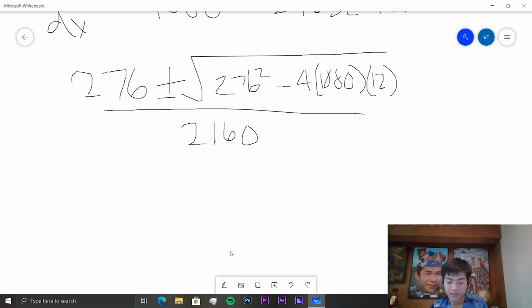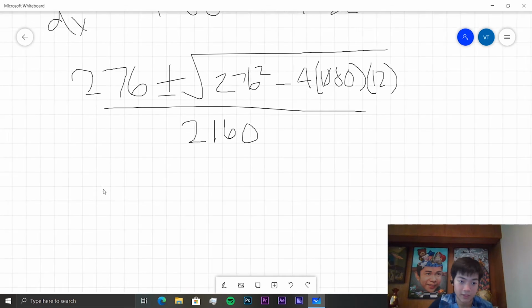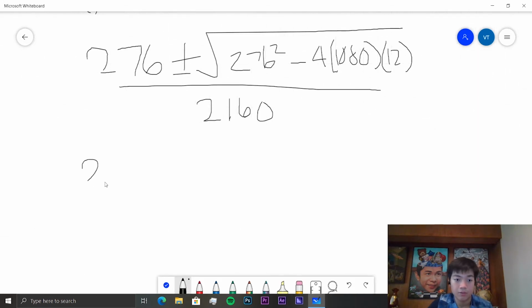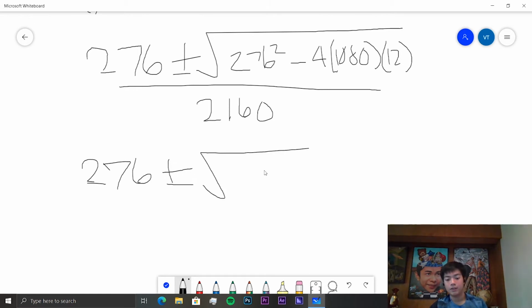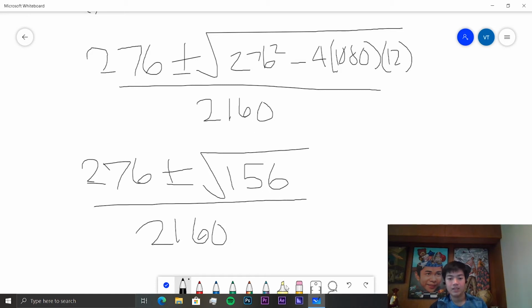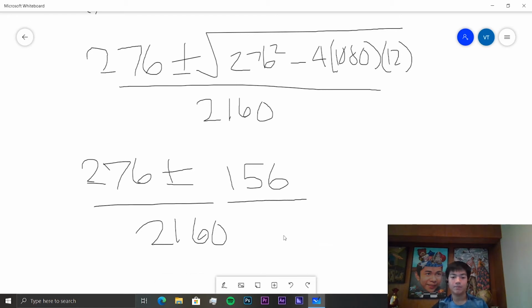So we have 276 squared minus 4 times 1080 times 12. And if we square root that, we actually get 156. So we have 276 plus or minus 156, all over 2160. It's not that clear, so let's get both values of what this could be.